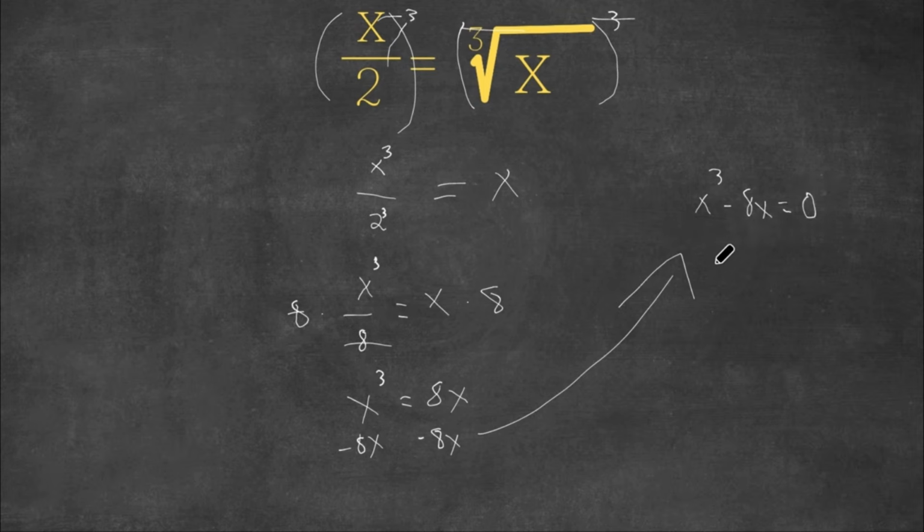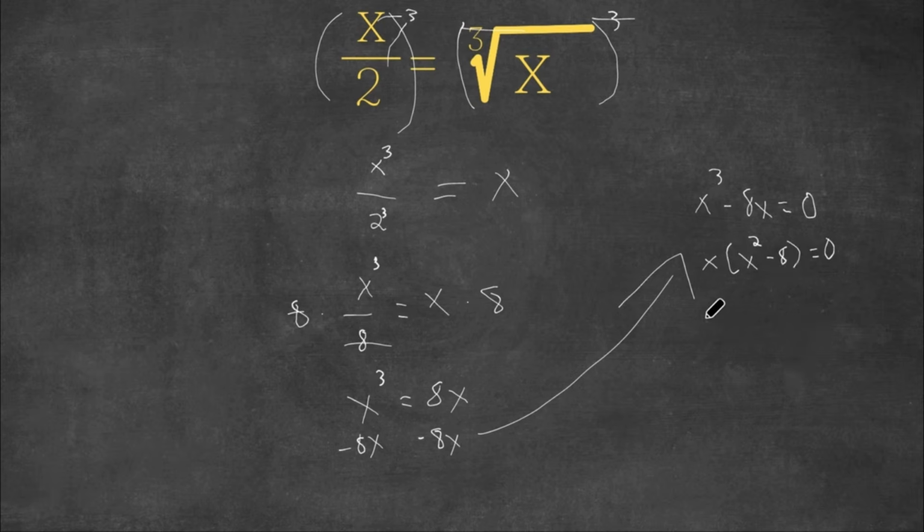And now we're going to factor out x from this equation. So if we factor out x, we get x times x squared minus 8 equals 0. And this actually gives us two equations.